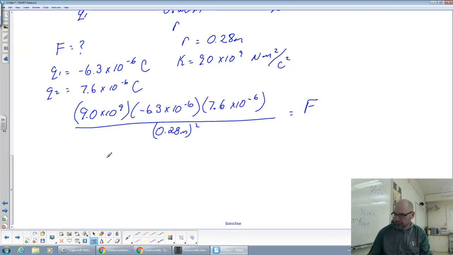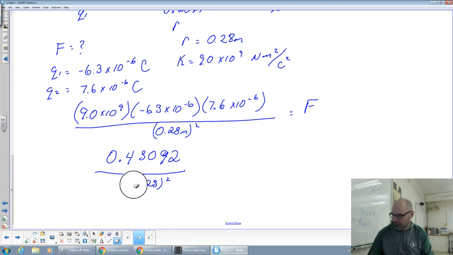So I get 0.430492, or 4.30492 times 10 to the negative 1 if you leave it in scientific notation, over 0.28 squared.